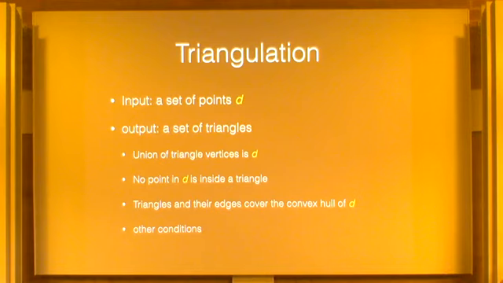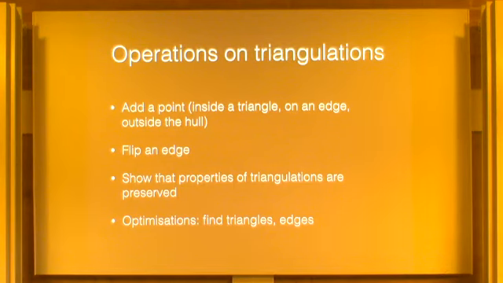So you can describe this, and you want also a few things more than that. You don't want a point to be on the edge of another triangle, for example. So all these conditions we described formally, and then we looked at operations that transform a triangulation into another one.